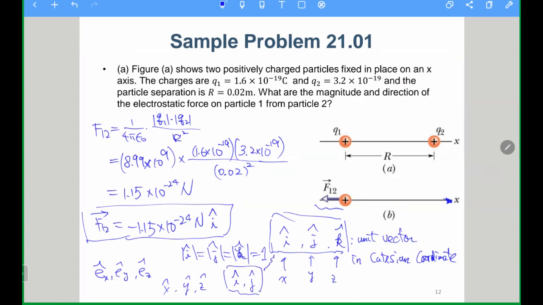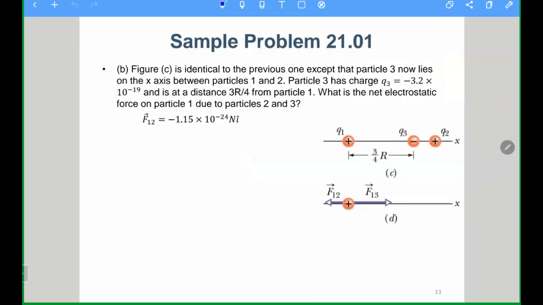Okay, so next, this is for part B. Here it says figure C is identical to the previous one, except that particle 3 now lies on the x-axis between particle 1 and particle 2.